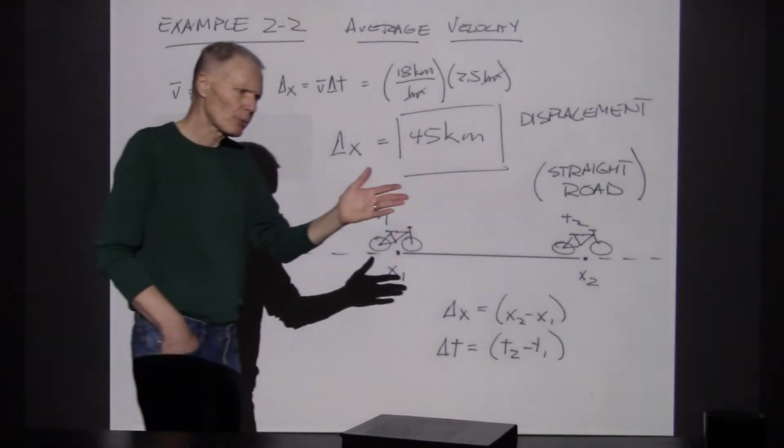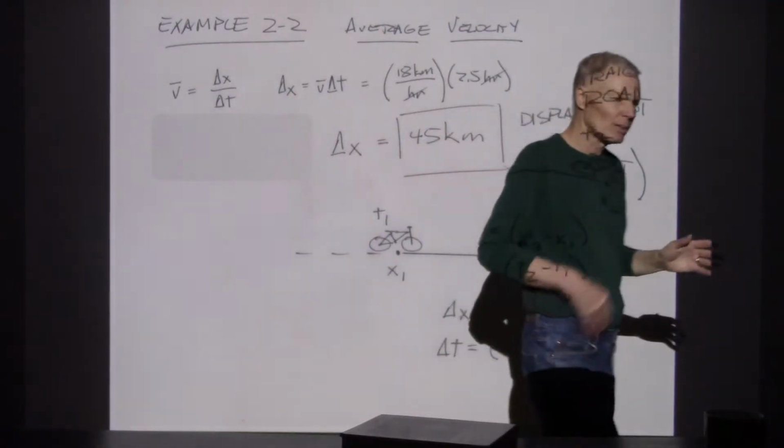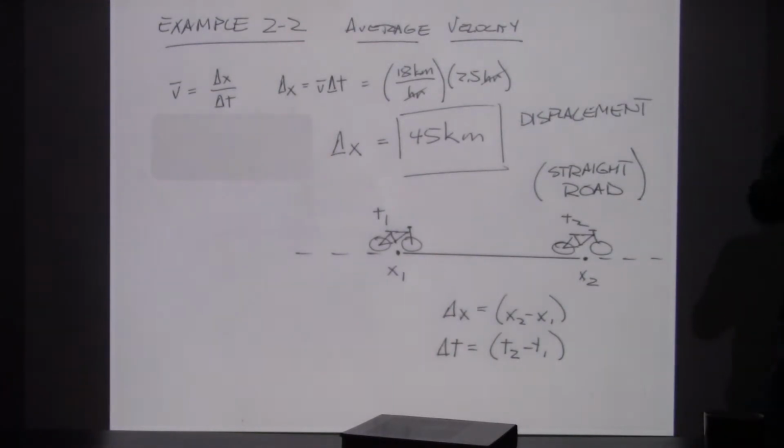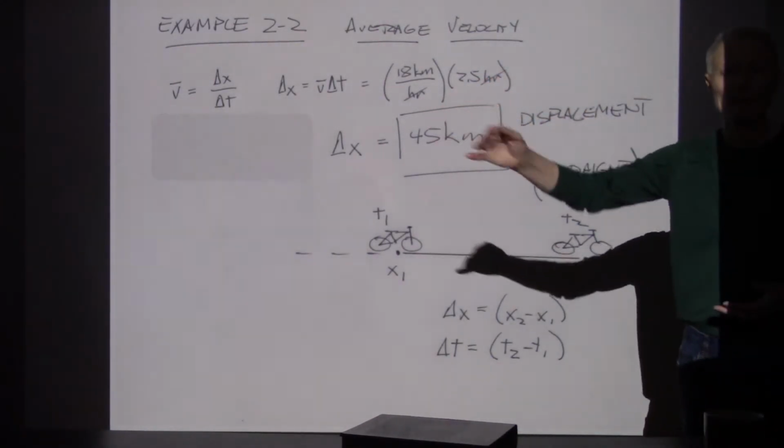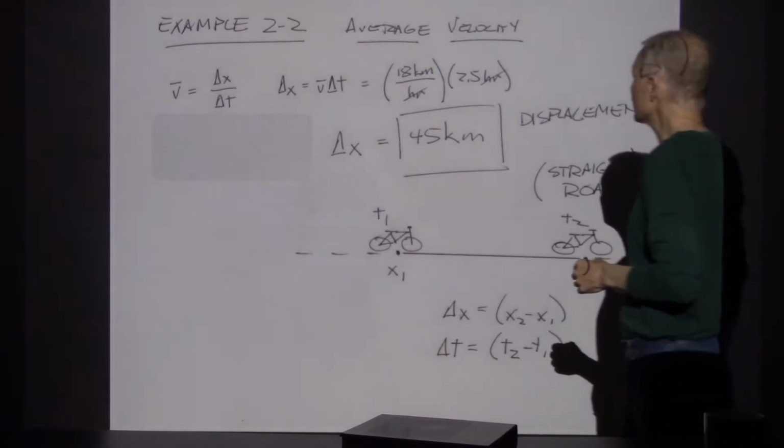Even though it's not a straight line, we can still kind of think of this as one-dimensional because the road curves back and forth, but we're just keeping track of distance. It's not displacement. So if we just follow the distance, then we can just add together the entire length of whatever path the bicyclist took.